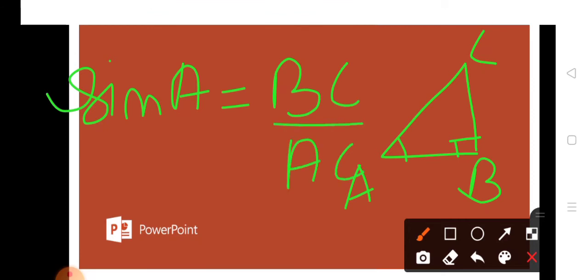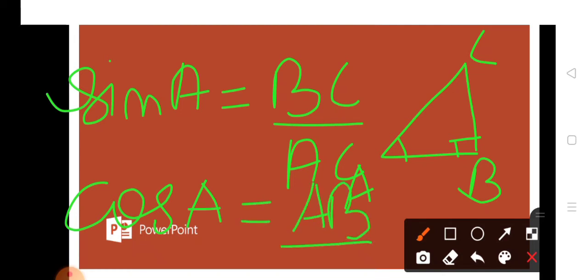Also angle A is very close to 0 degree. AC is nearly the same as AB, and so the value of cos A equal to adjacent, AB, by hypotenuse, AC. किनकि AB र AC सेम हुन्छ तल आएपछि, सो यिनीहरु काटिएपछि 1 रहन्छ. त्यही भन्दैछ.